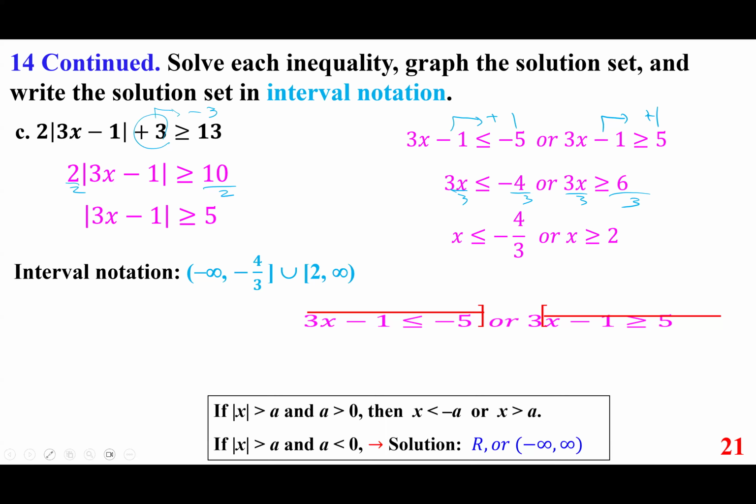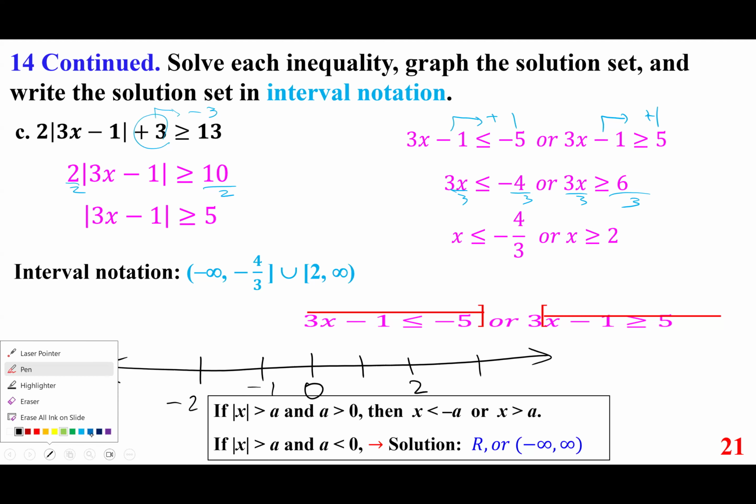So just to make sure we understand, here's the number line, everybody. Here's 0. Then we have 1 and 2 and 3. So this is 2, -1, -2. So from number 2, we can use bracket and everything to the right of it.